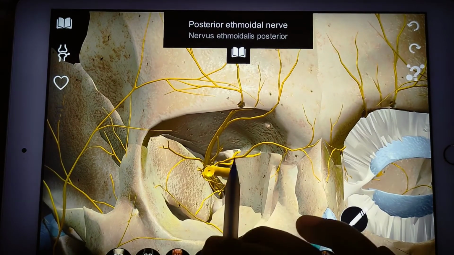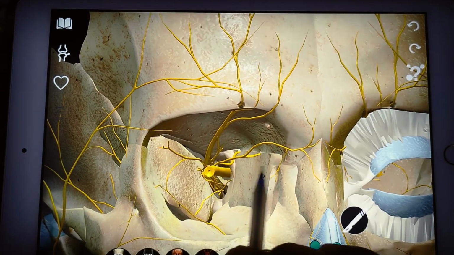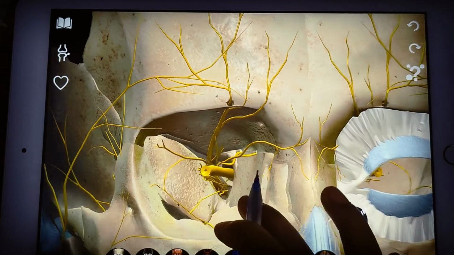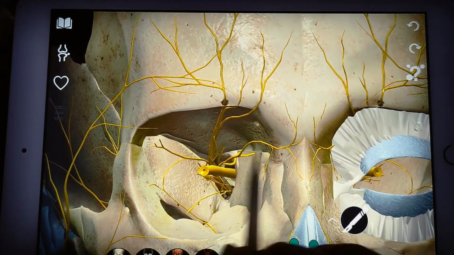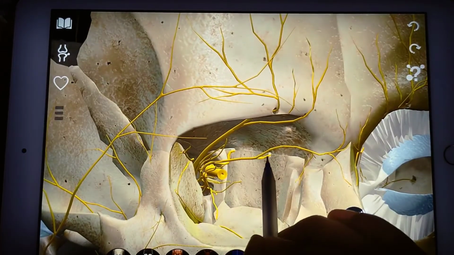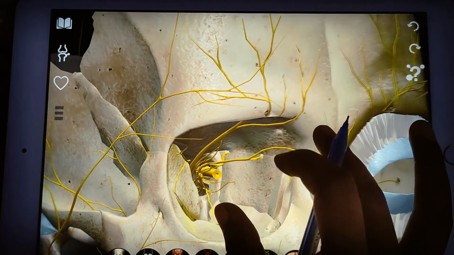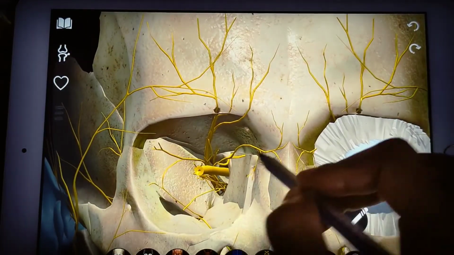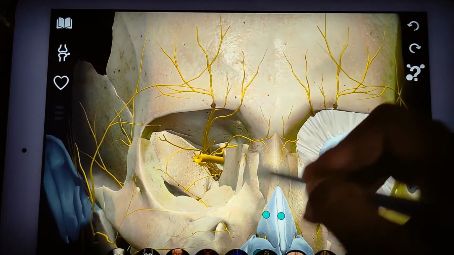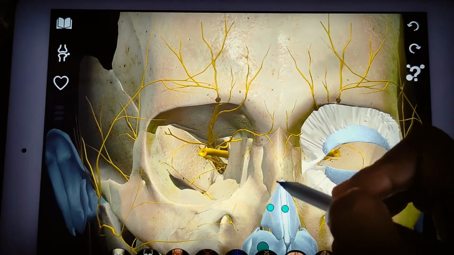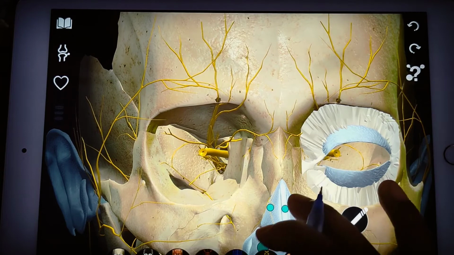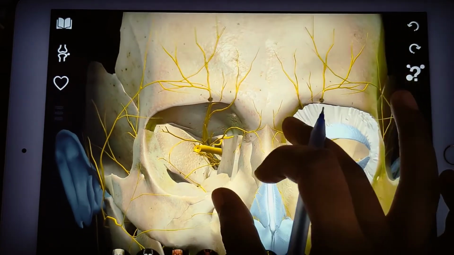The posterior ethmoidal nerve is very short, supplies a few centimeters of the nose and ends there. The anterior ethmoidal nerve comes into the nose, supplies the anterior portion, forms Kiesselbach's plexus and supplies the internal nose.